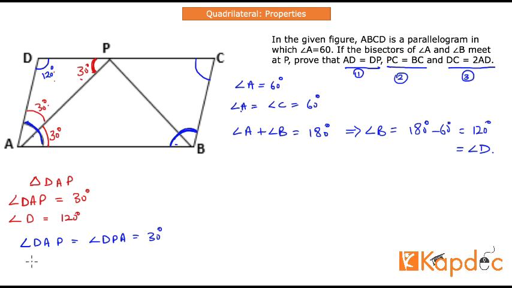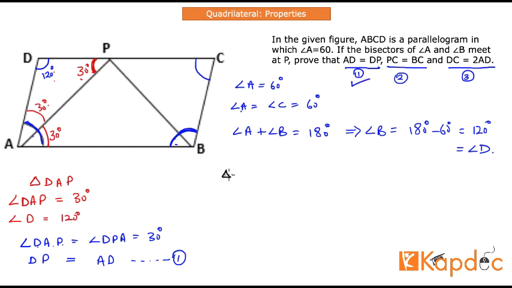That means, very simply, what is the line segment opposite to the angle DAP? It is the line segment DP, and the line segment opposite to the angle DPA is AD. So that simply proves that these two line segments are equal. So this is my finding number 1. By the way, this is what we have proved here, correct?